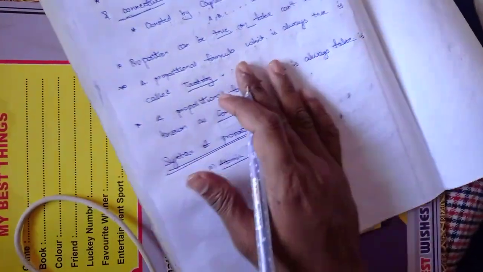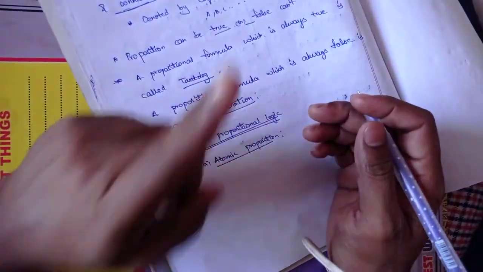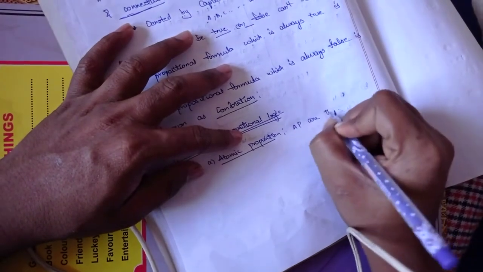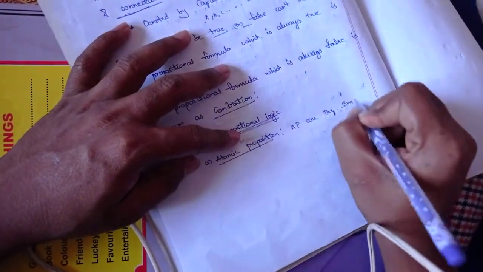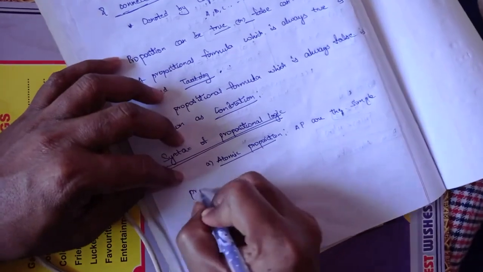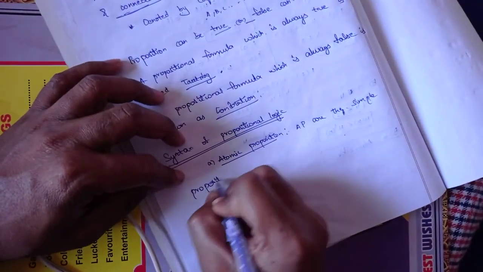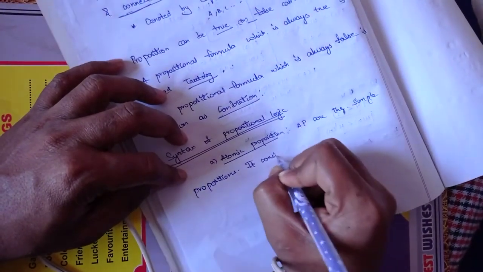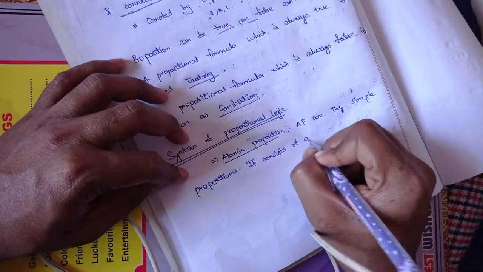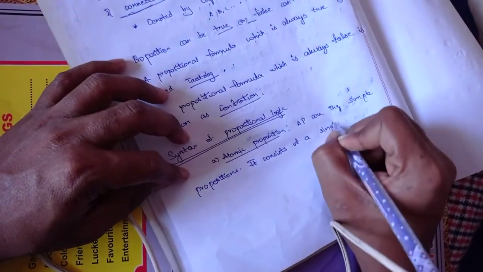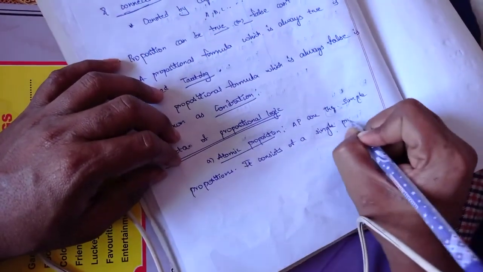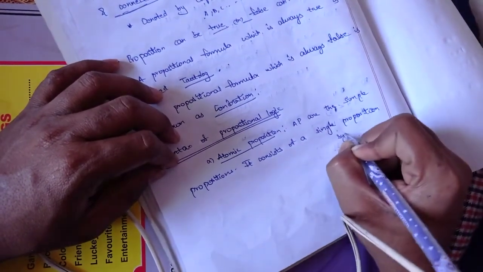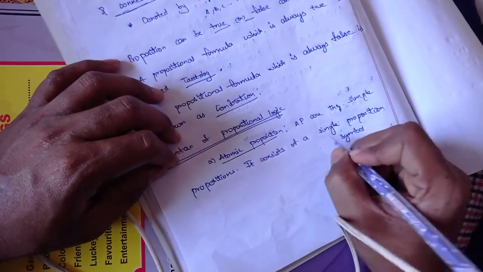In an atomic proposition, we will be dealing with only single symbols. That is, atomic propositions are simple propositions. It consists of a single proposition symbol, because an atom is nothing but a single component, right?